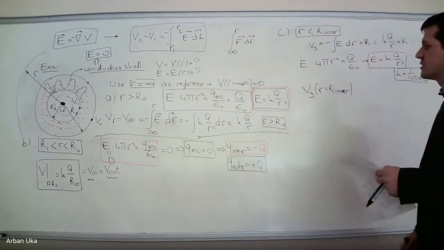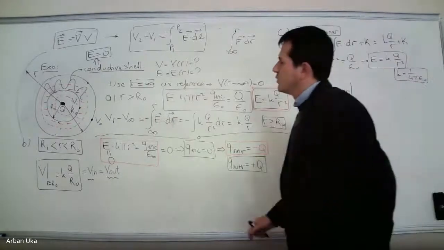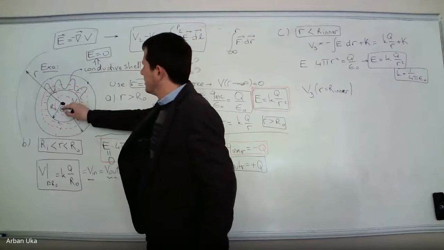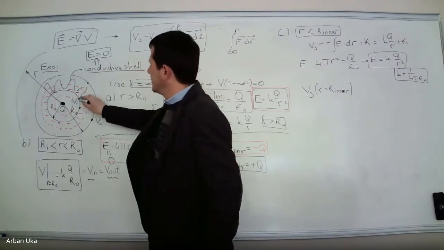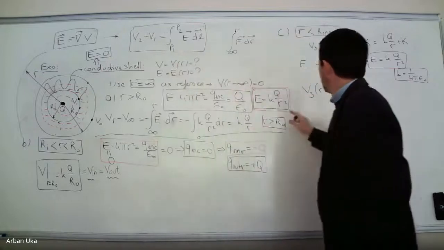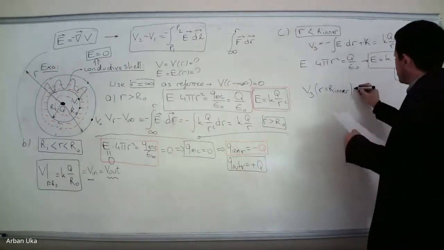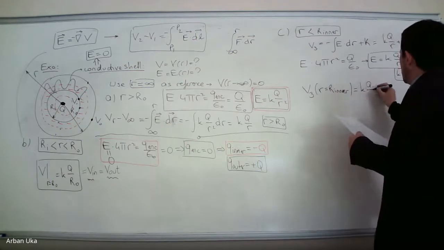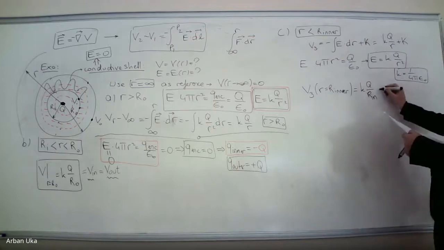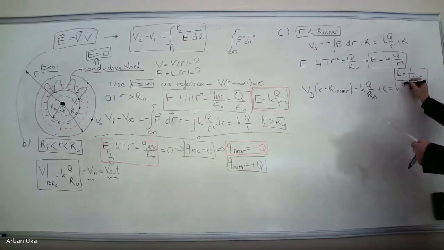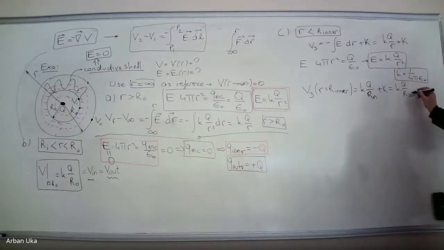We want to use this boundary condition right at the inner radius. So this V3, evaluated at R inner, would be equal to KQ over R inner plus a constant K, and this is all equal to KQ over R outer.